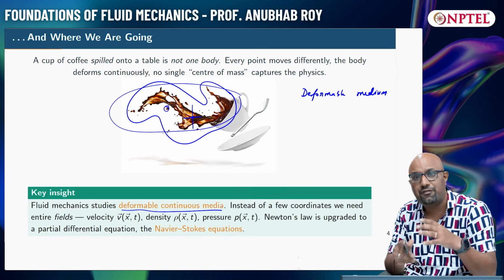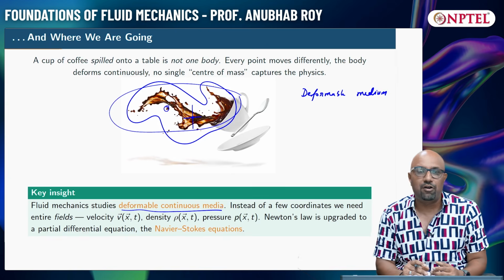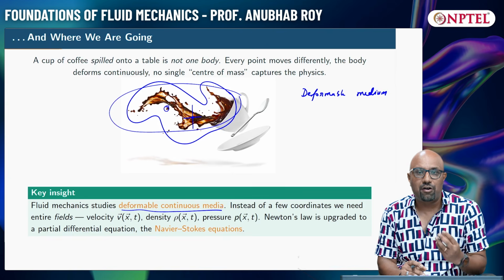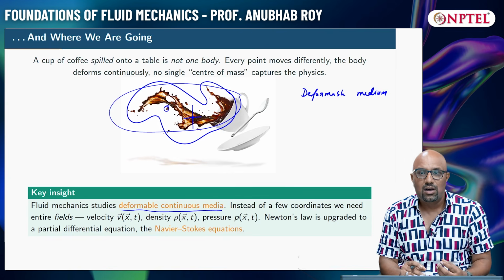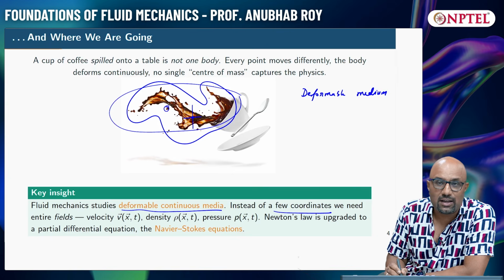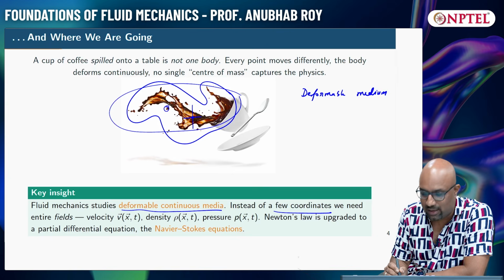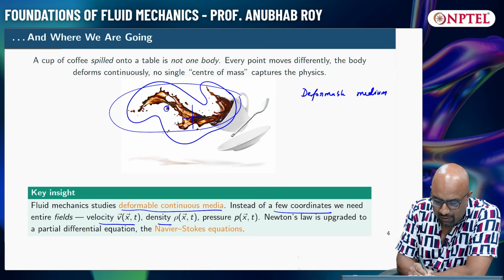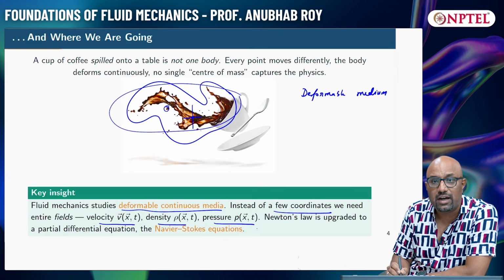So it's a subset of the broader field of studying deformable continuous media, and because it is deformable and continuous, instead of a few coordinates describing the center of mass of the object, what we need is entire fields of velocity, density, pressure, and maybe a few other quantities.